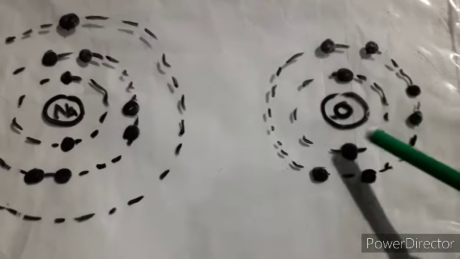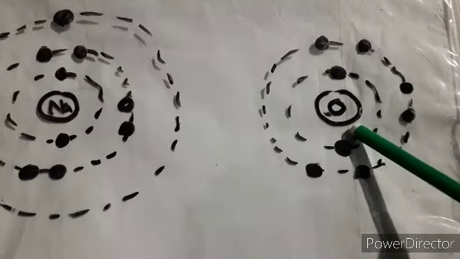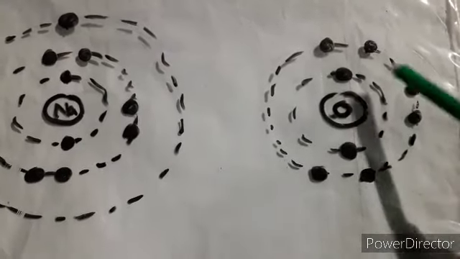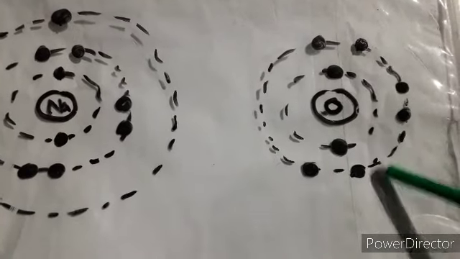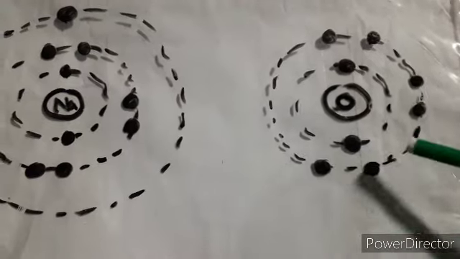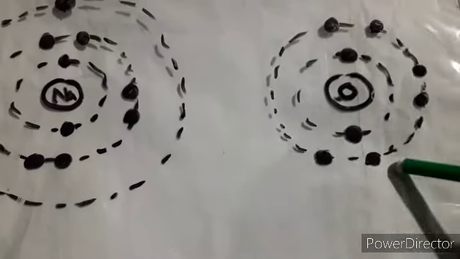Means the attraction exerted by this nucleus on the electrons present in the outermost orbits, even the electrons that are coming from outside, also increases, right? So that's why over here we have high ionization potential.